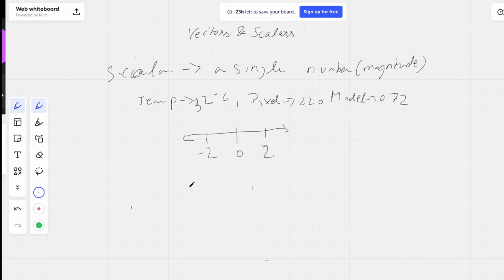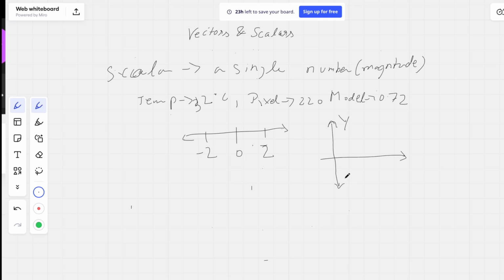Now let's define vectors. A vector is an ordered list of scalars, with magnitude and direction. Let's take an example here. Let's label the axes y, y prime, x prime and x.